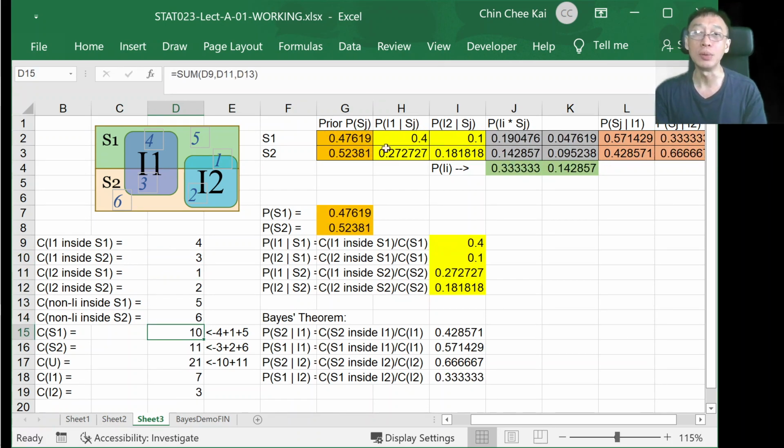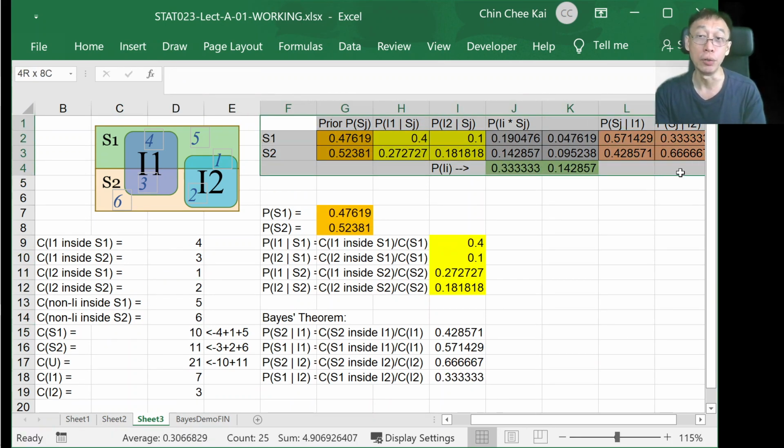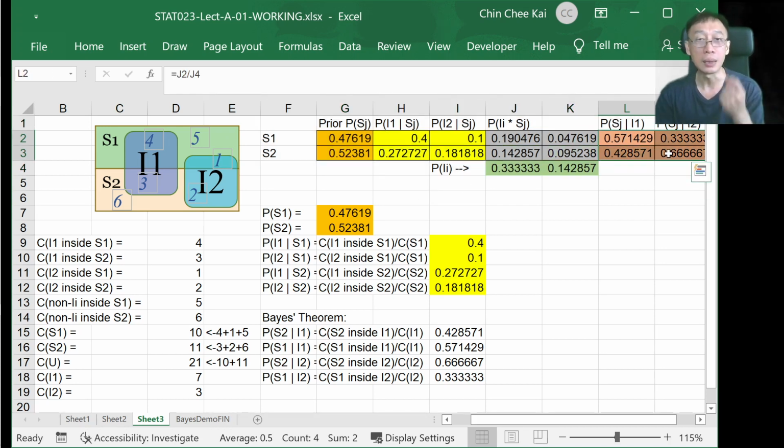Okay, so I hope now you see how the Tableau approach, writing it down this way as a table, helps us to very systematically and quickly derive the posterior probabilities based entirely on Bayes' theorem calculations.